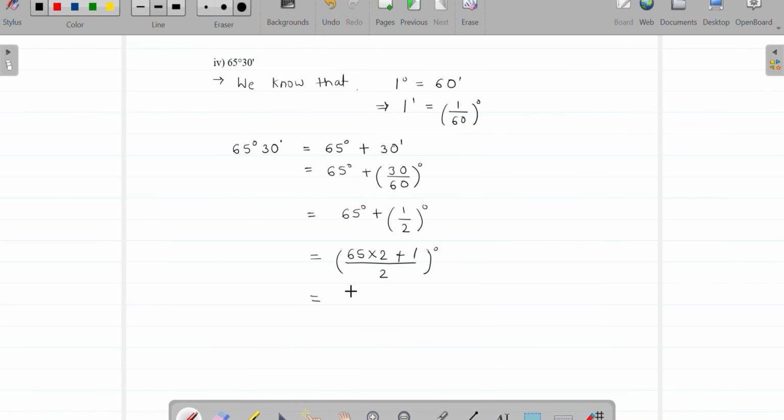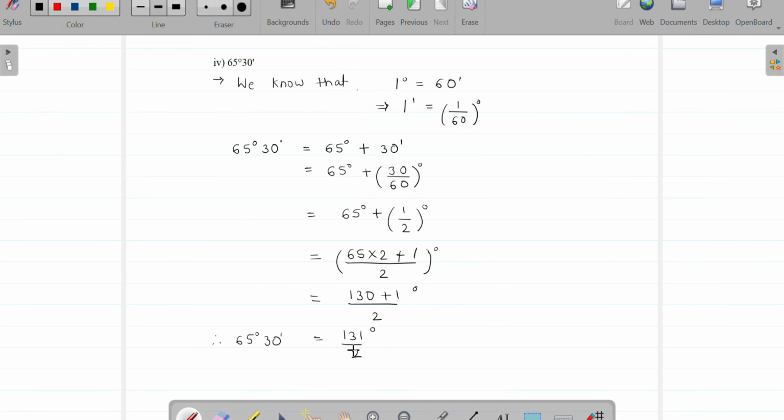Sixty-five 2s are 130 plus 1 upon 2 degree, which is equals to 131 upon 2 degree, and therefore 65 degree 30 minutes, which is equals to 131 upon 2 degree.